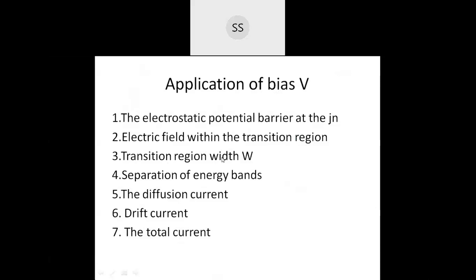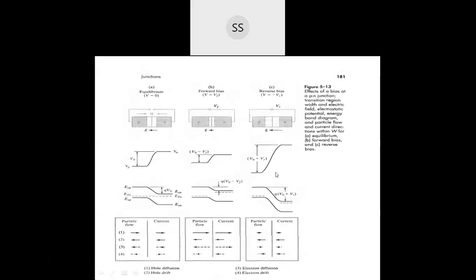Now coming to the transition region width W. What happens to this W? All parameters are explained with respect to the common picture only, so you need not draw separate diagrams. At once you just draw the complete picture containing all the information about all the seven points. Now observe the transition region widths.